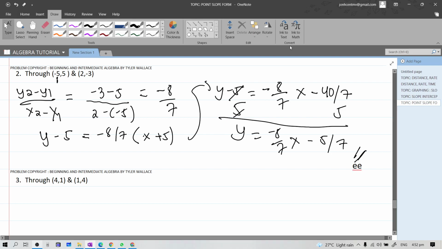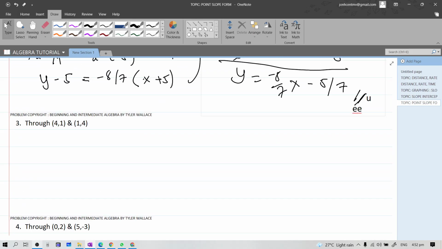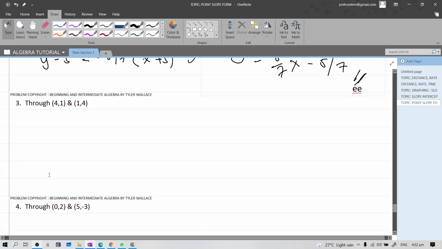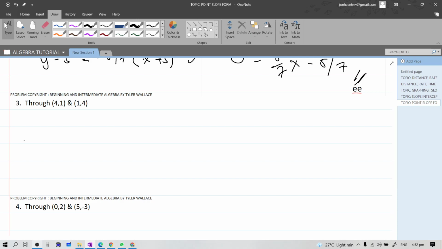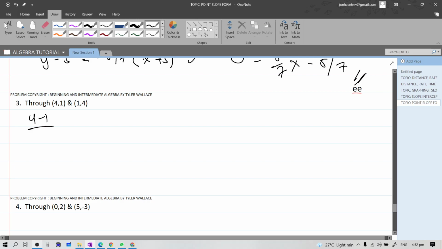Okay. So, next. We have (4, 1) and (1, 4). So, how do we do this? It is the same. We have 4 minus 1 over 1 minus 4. So, that will give you negative 1. So, that is our slope.